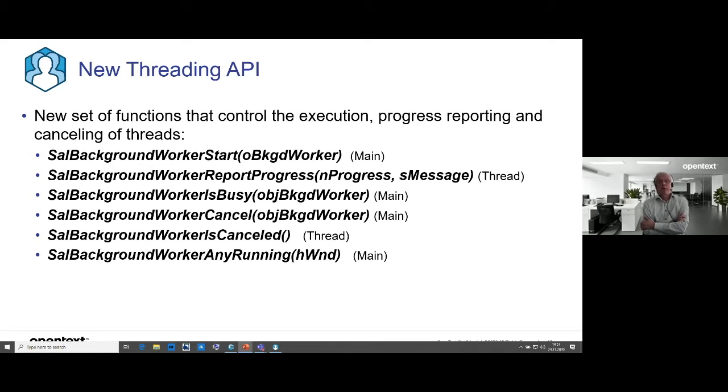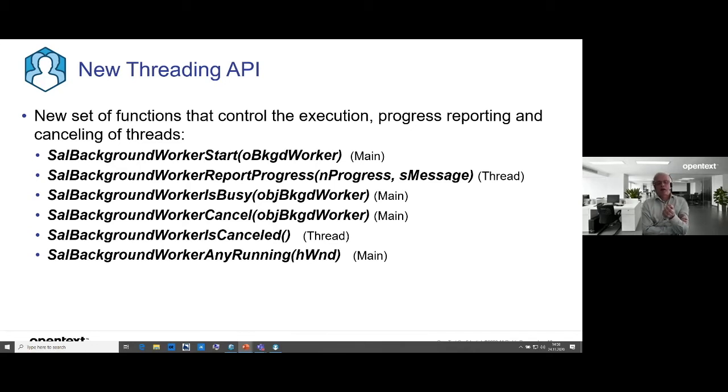To stop a background worker, you have to use background worker is canceled inside the thread. So maybe if you have a loop, you are collecting data from the database, you're calculating some things and so on inside the loop, then you have to check inside the loop, maybe one time at the startup of a loop, background worker is canceled.